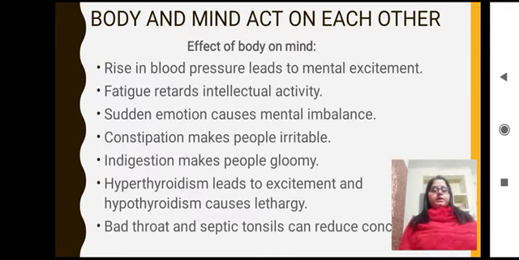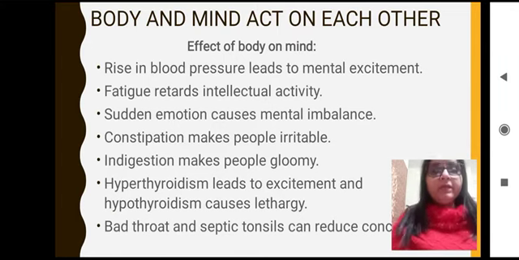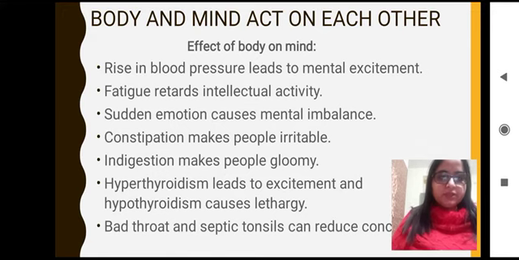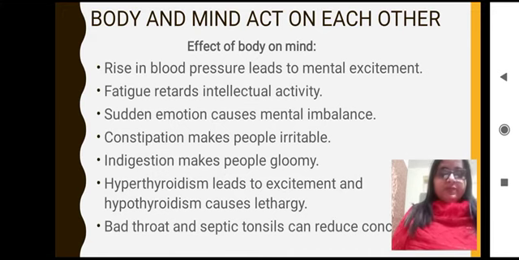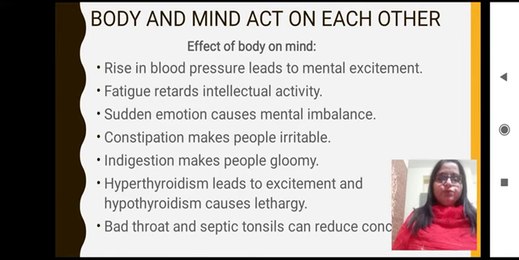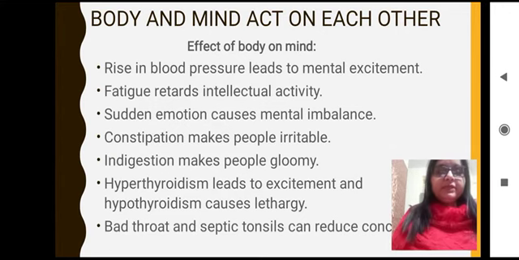Now we are going to discuss how your body and mind act on each other. Effects of body on your mind. Here we are going to discuss some examples to show if something happens in your body, how that affects your mind. For example, rise in blood pressure leads to mental excitement.